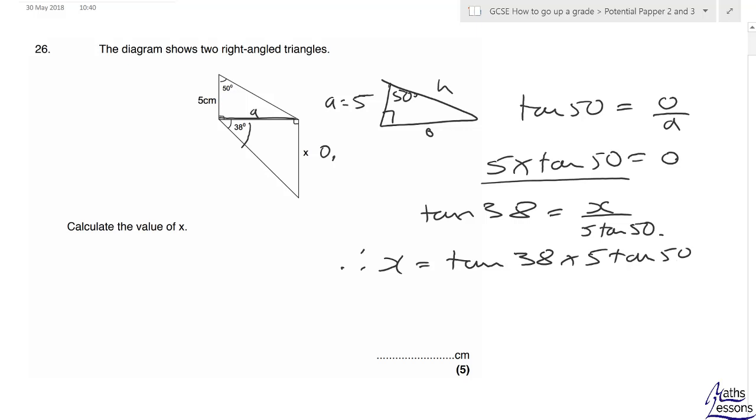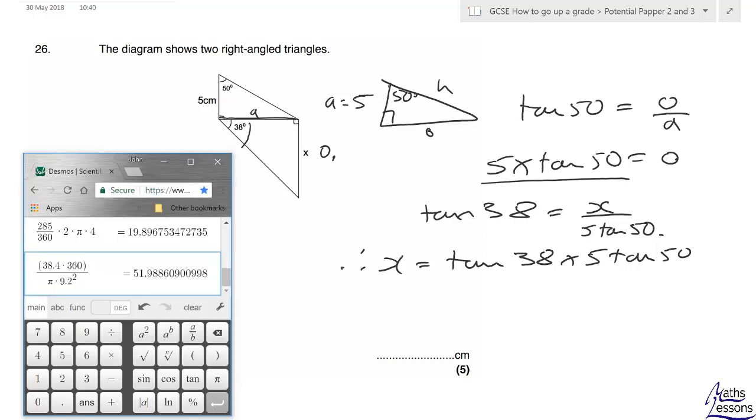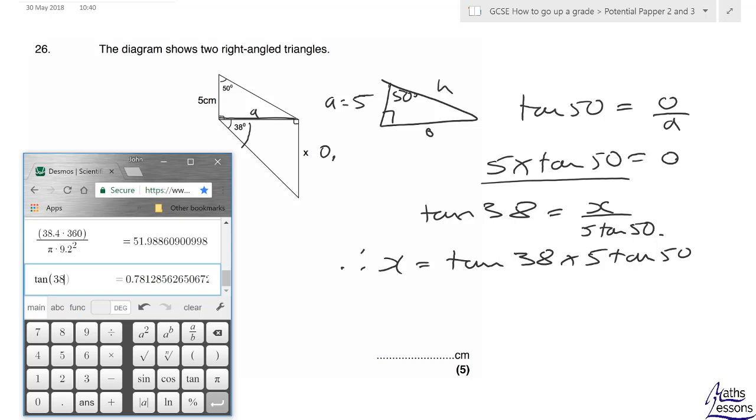And I'm just going to grab my calculator to do that, because I definitely can't do that in my head. So I want to do tan of 38 times 5 times tan of 50. And I get 4.655.